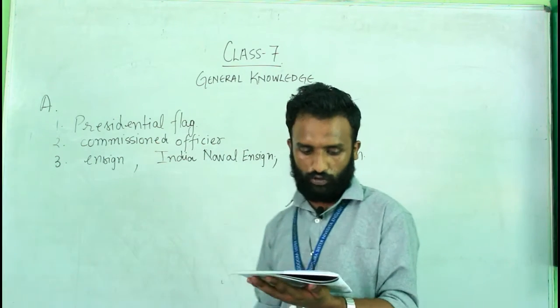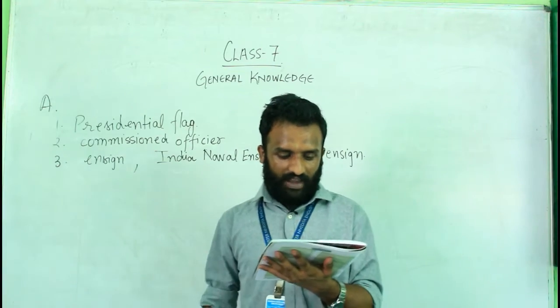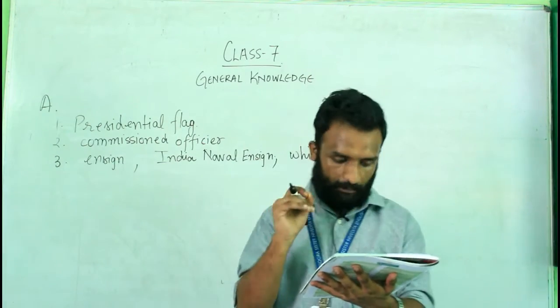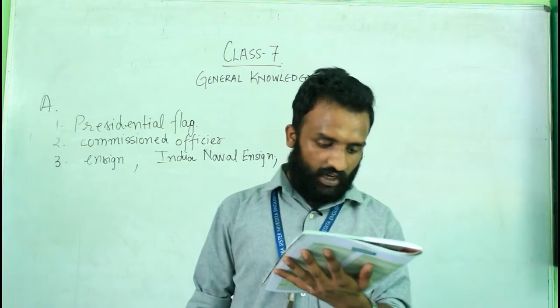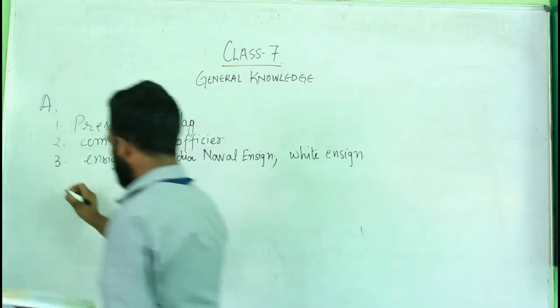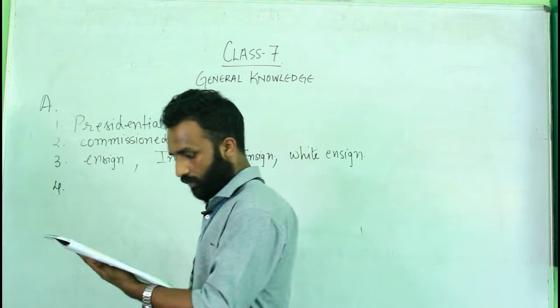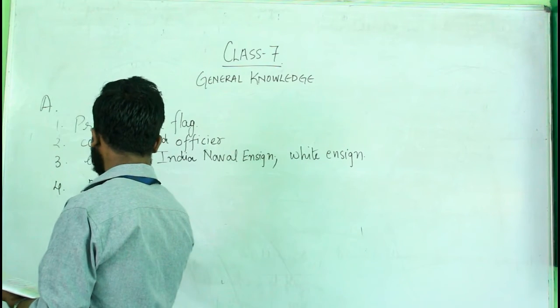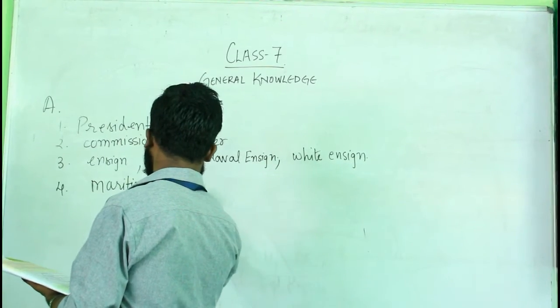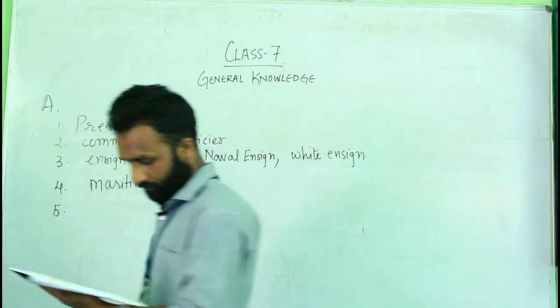Number 4. A dash flies on the masthead of a naval ship. It is a long and trapping flag. It adorns the commissioned ship only. So the answer for number 4 is martin flag. Now number 5.